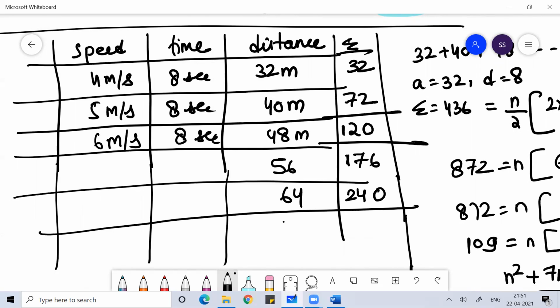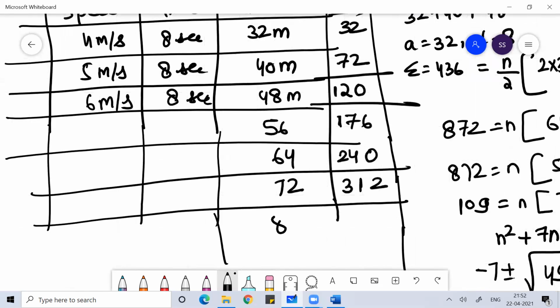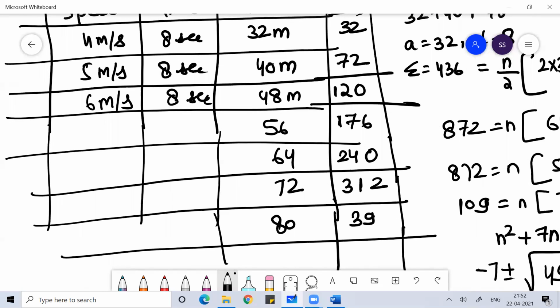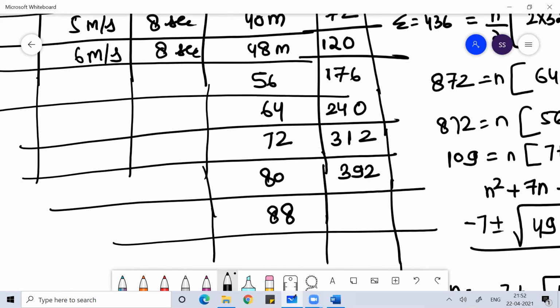Then 8 nines are 72, so this is 312, then 80, you can see this is 392, and then 88, which means 480.